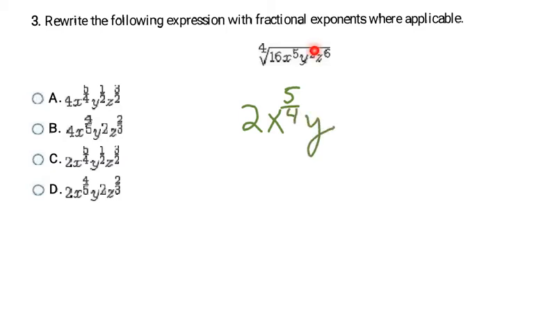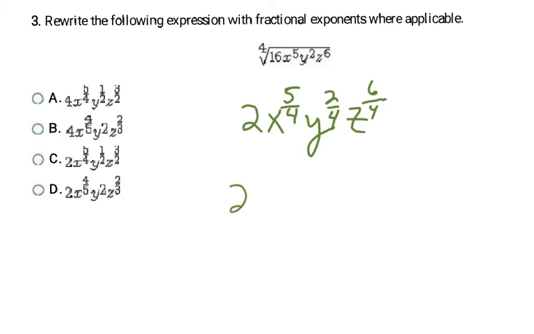For y, my exponent is 2, so that's my numerator, and then an index of 4, that's my denominator. Last I do that with z, and z has an exponent of 6, that's my numerator, and my index is 4, so that's my denominator once again. Now looking at my answers, they go through and simplify these fractions this time.